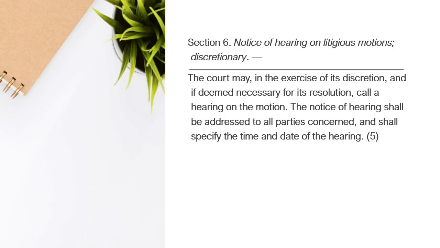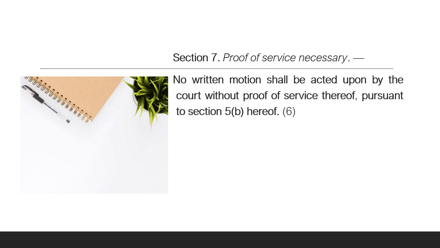The notice of hearing shall be addressed to all parties concerned, and shall specify the time and date of the hearing. Section 7. Proof of service necessary. No written motion shall be acted upon by the court without proof of service thereof, pursuant to Section 5, Paragraph B hereof.